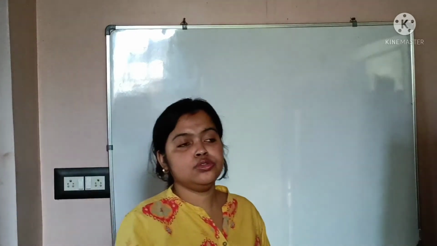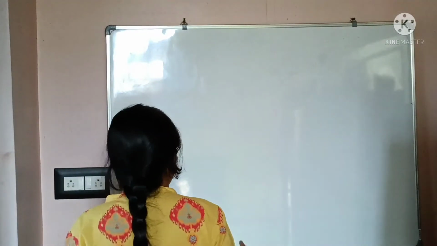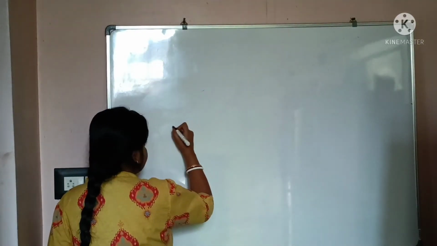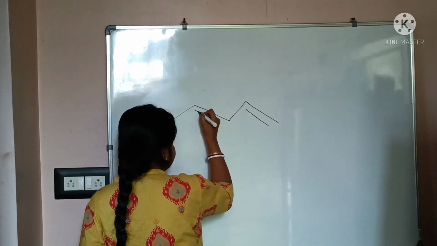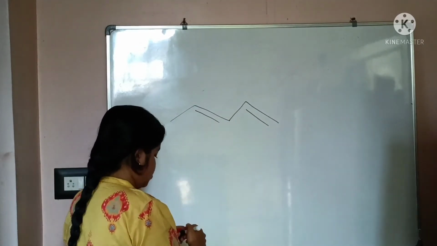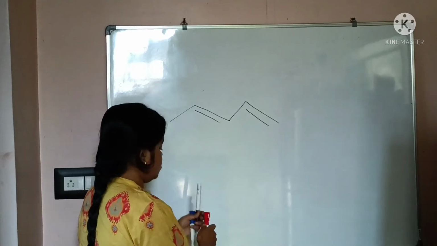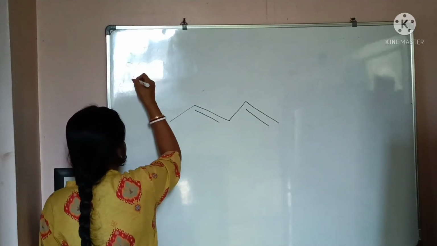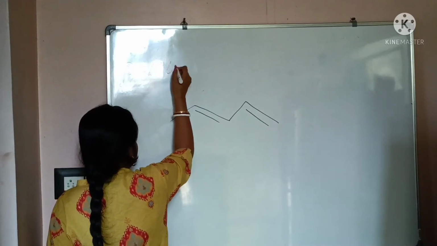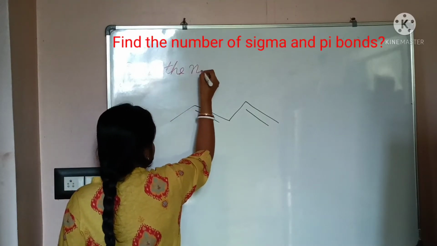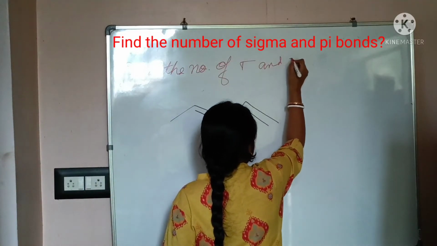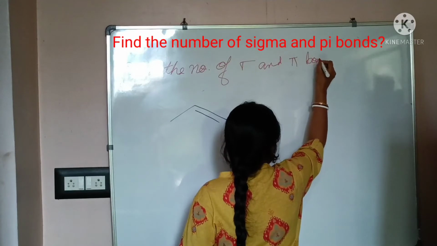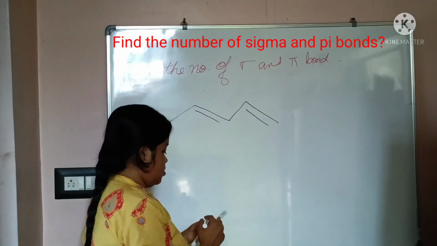Now you need to know the number of sigma and pi bonds for a structure. So I am writing here: find the number of sigma and pi bonds.